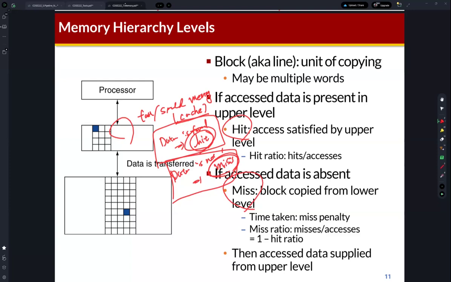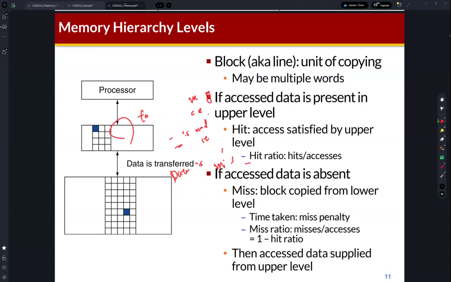So in the memory hierarchy, there are two cases, a hit case and a miss case, because we cannot store the entire data in the best memory. So we can define the hit ratio as the number of hits divided by the number of total accesses.